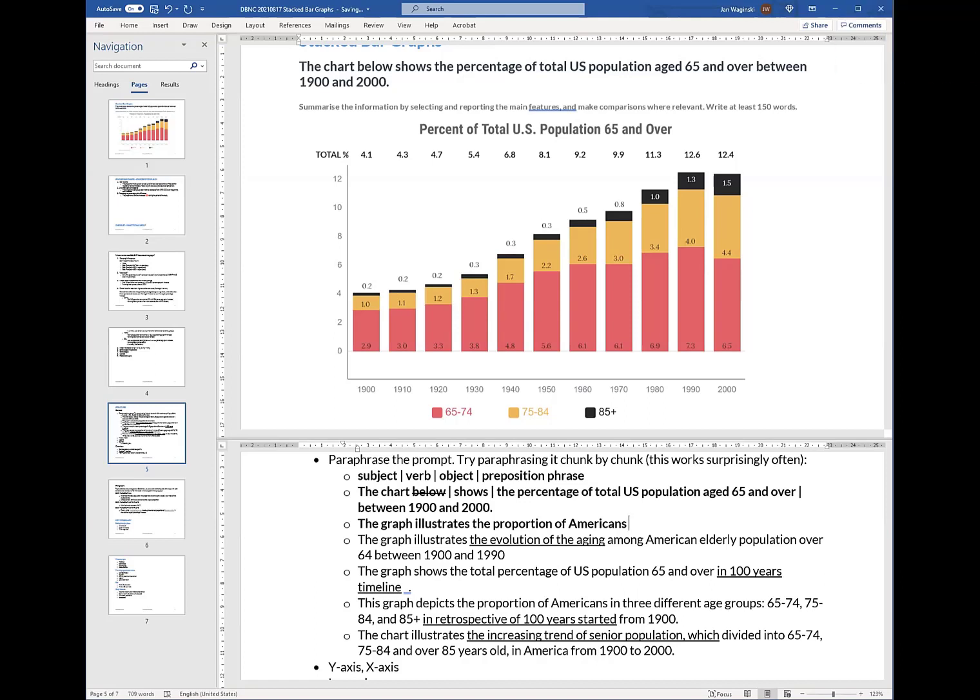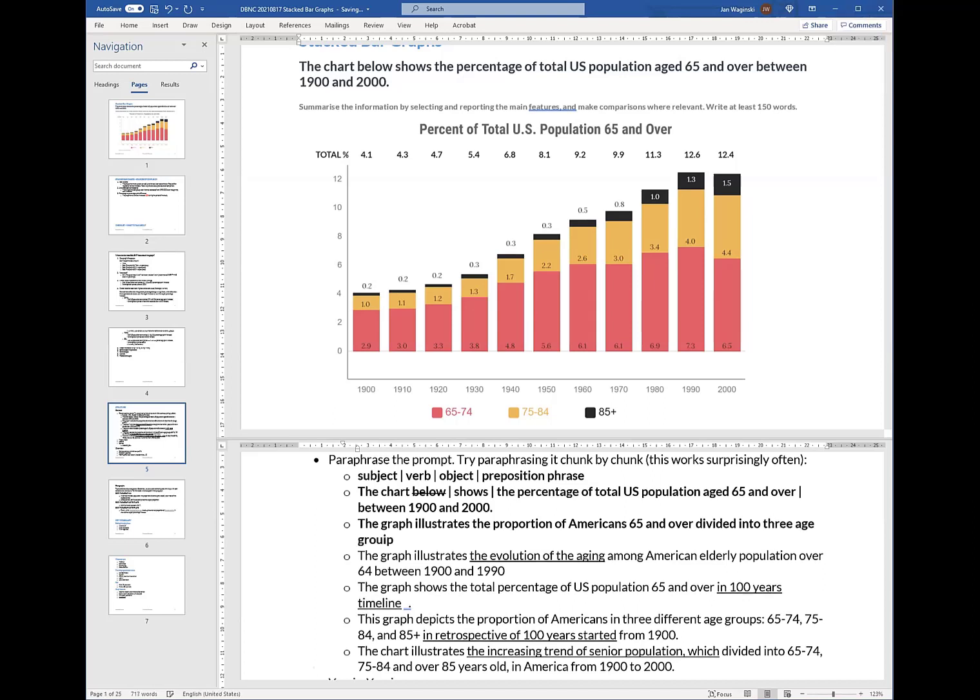Maybe divided. Of Americans 65 and over. Divided into 3, let's write it out, 3 age groups.